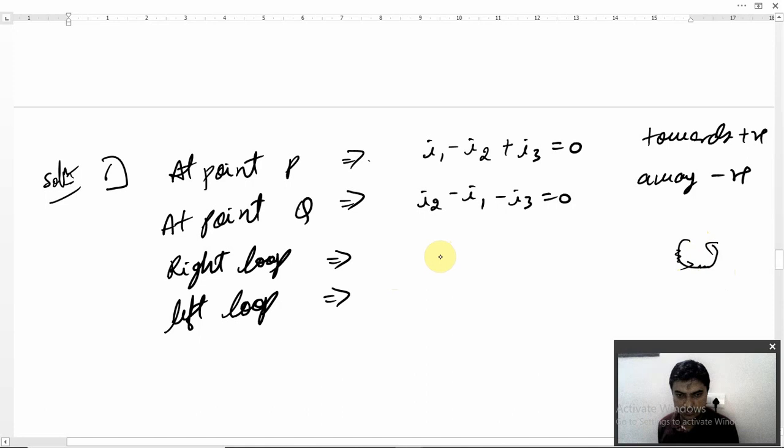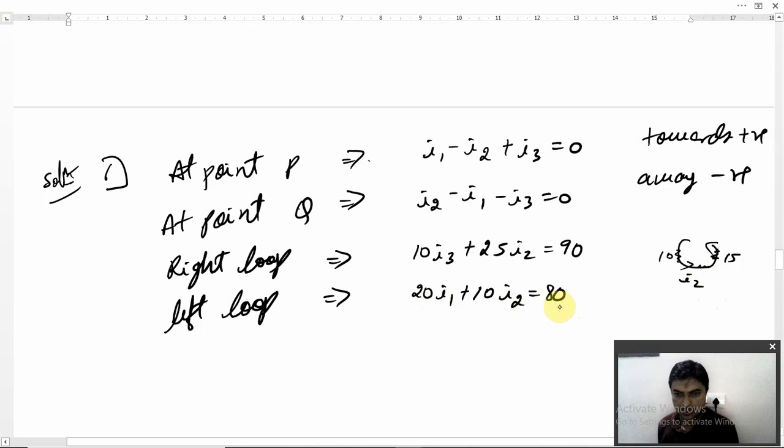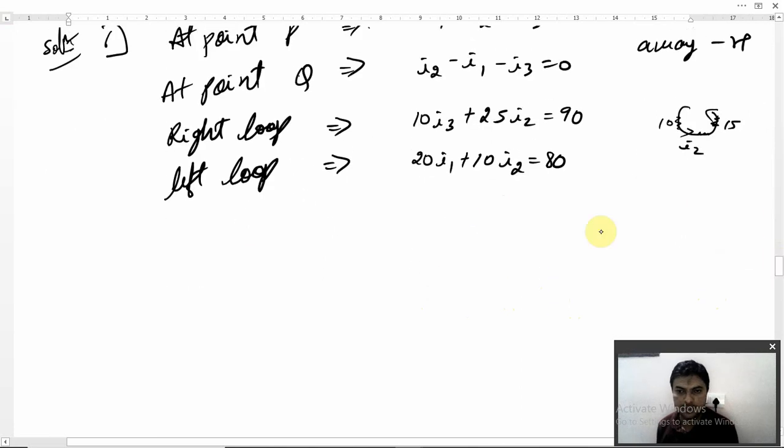So this will be 10 I3 plus, if there are two resistances like 10 and 15, you are going to add this, you are going to get 25, and in which direction the current is going to come, you are going to take this as I2 is equal to 90. So the total, the battery, will be equal to whatever value we get here. Similarly we have the left loop. In the left loop we are going to take 20 I1 plus 10 I2 is equal to 80.